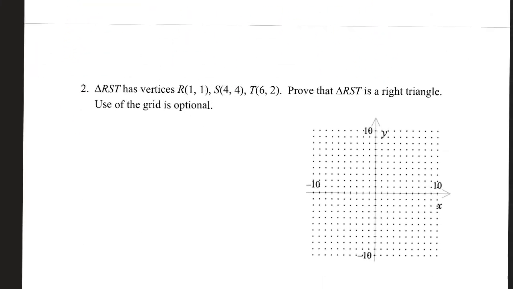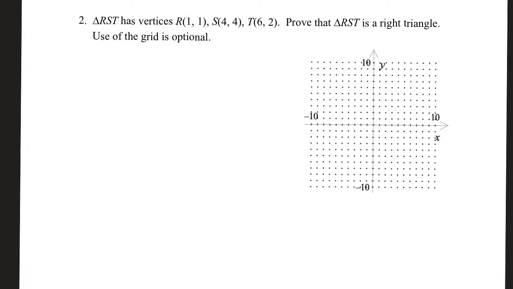Number 2. Here we go. Now we have triangle RST this time, and we want to know, is this a right triangle? So for a right triangle, we know that there is going to be perpendicular lines at some point. We don't know where that is yet, but we know there are perpendicular lines somewhere in here.